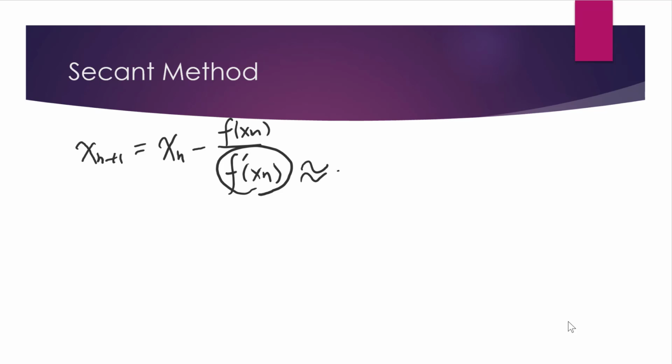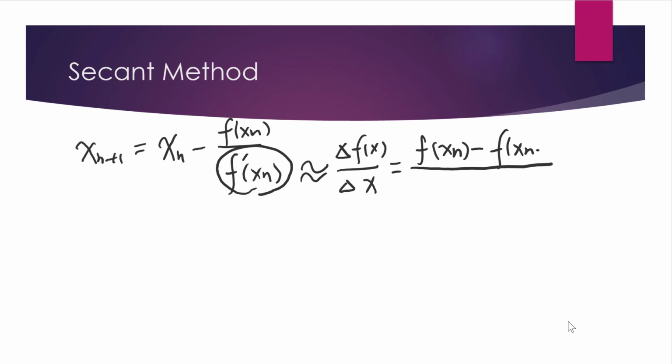It's approximated by delta f over delta x. The delta f is the difference between f(x_n) and f(x_{n-1}), so it's f(x_n) minus f(x_{n-1}). And delta x is the difference between x_n and x_{n-1}, so it's x_n minus x_{n-1}.